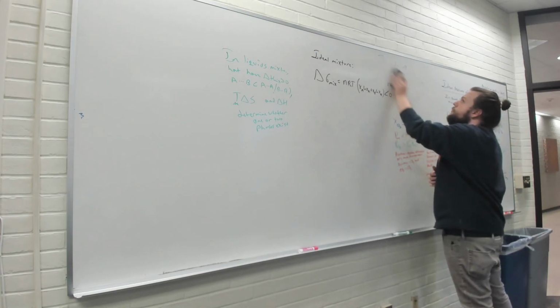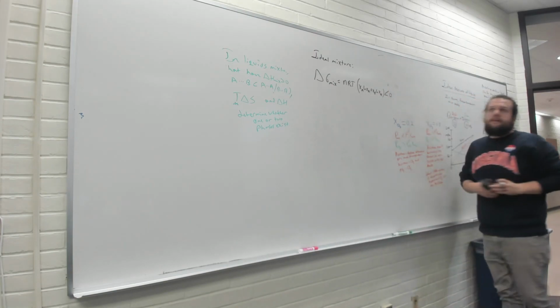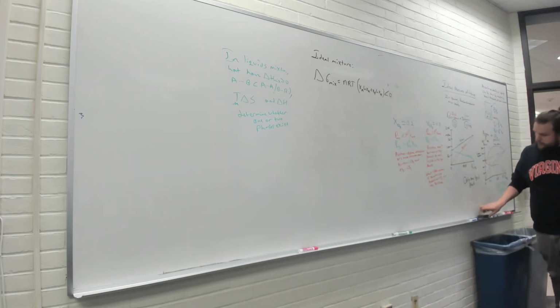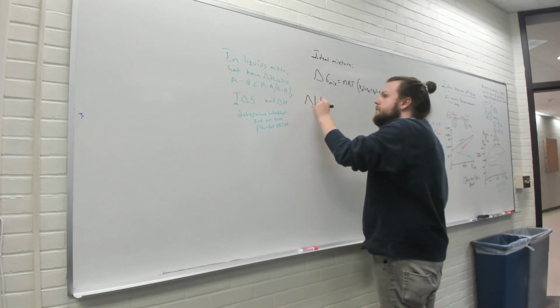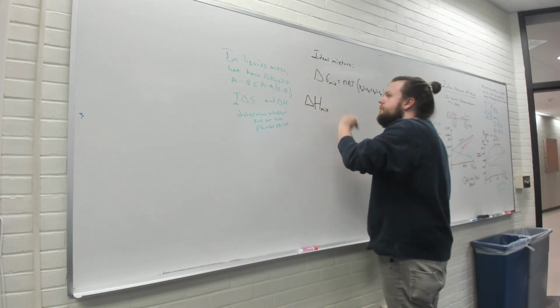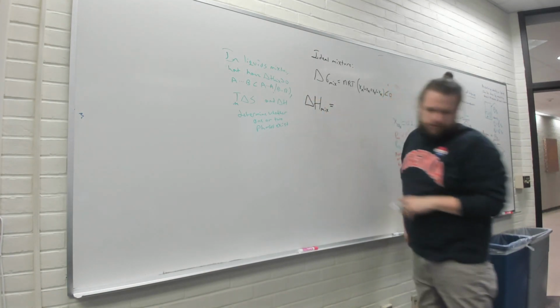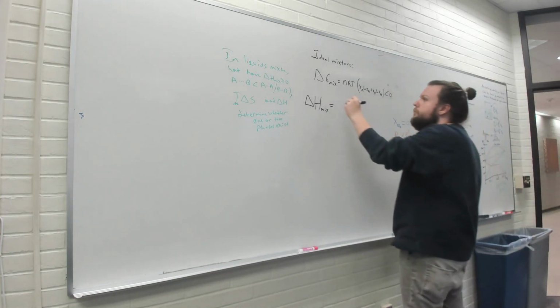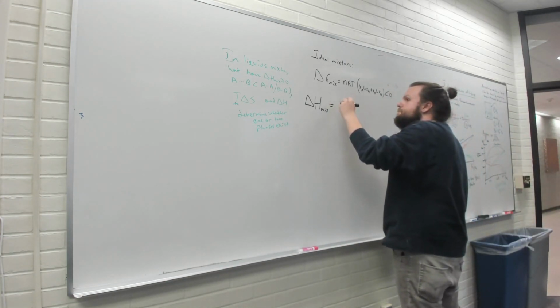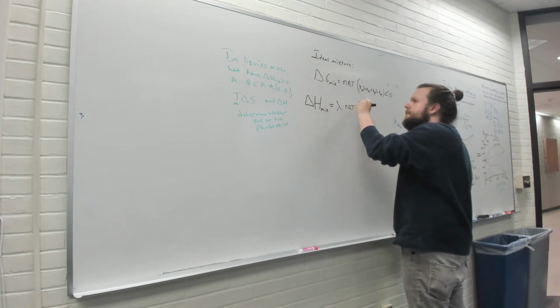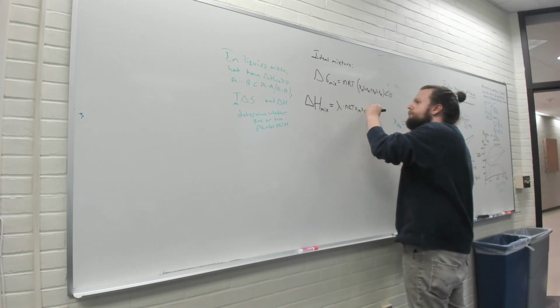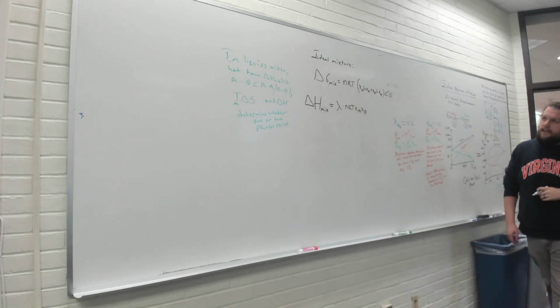All right, so what I want to do is add a non-ideal term to this. I want to make it non-ideal. So what I'm going to introduce now is a new term, delta H mix, which is equal to a new parameter lambda times nRT times the mole fractions of the two, XA, XB.